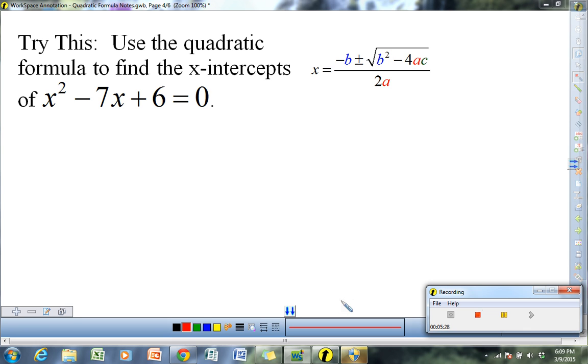Did you get 6 and 1? If not, make sure that you ask questions tomorrow as we go over this problem.